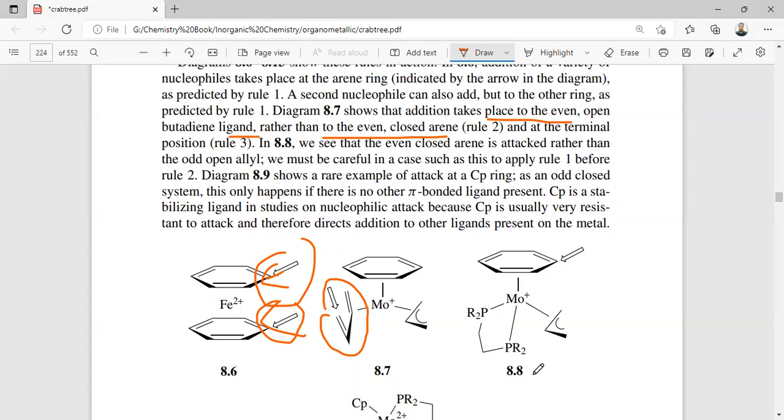In this case, this is an open, even polyene, and this is an open, odd polyenyl. According to rule one, the polyenes will be attacked first when compared to the polyenyls. So the attack is here.